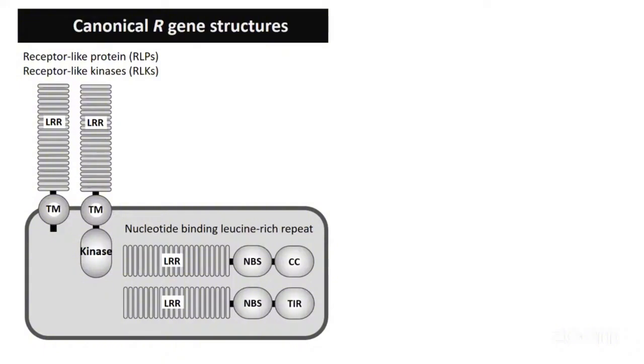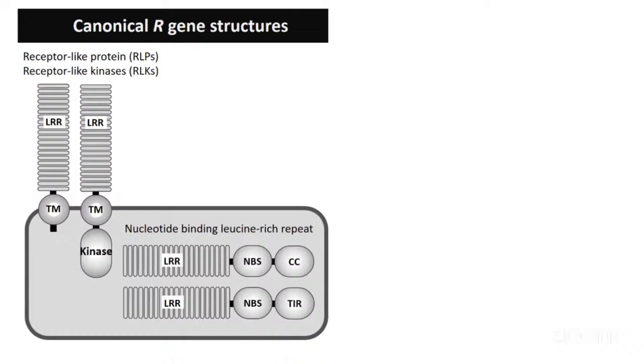They typically encode surface receptors consisting of leucine-rich repeats that act like aerials on the surface of the cell, monitoring the environment for the presence of non-self. These leucine-rich repeats are protein-protein interaction domains and can detect the presence of pathogens based on effectors that they secrete. And then they have a transmembrane domain, and some of them may be decorated with a signaling domain, a kinase.